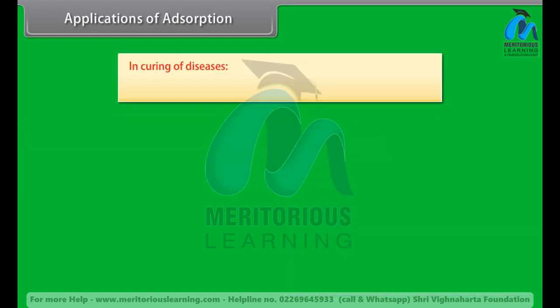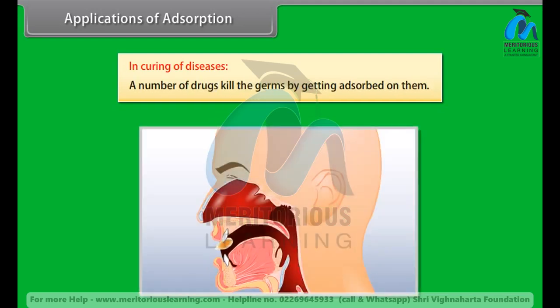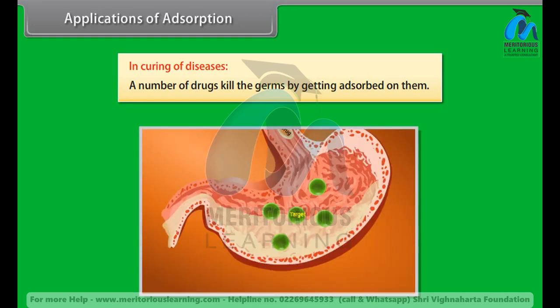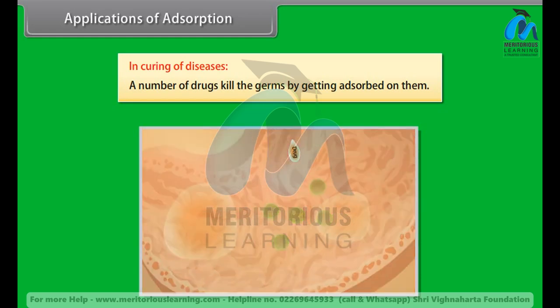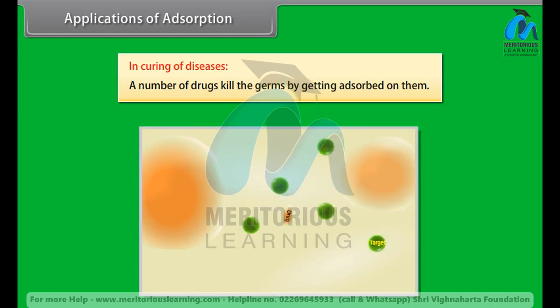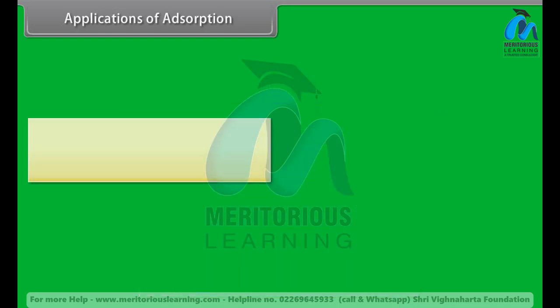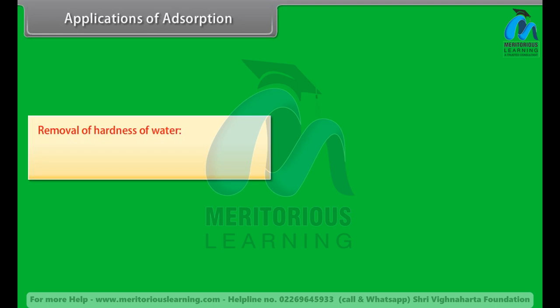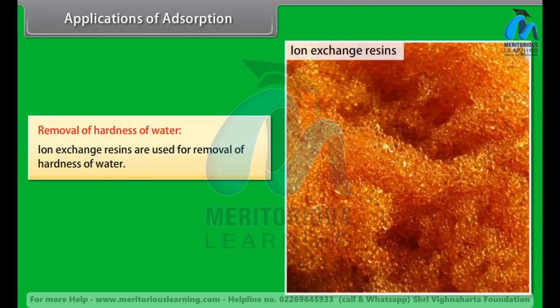In curing of diseases, a number of drugs kill the germs by getting adsorbed on them. Removal of hardness of water. Ion exchange resins are used for removal of hardness of water.